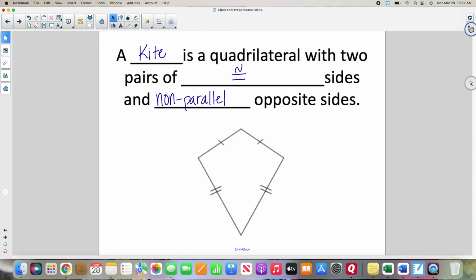Your congruent sides are going to be consecutive congruent. When you look at a kite, you should see two short sides and two long sides.